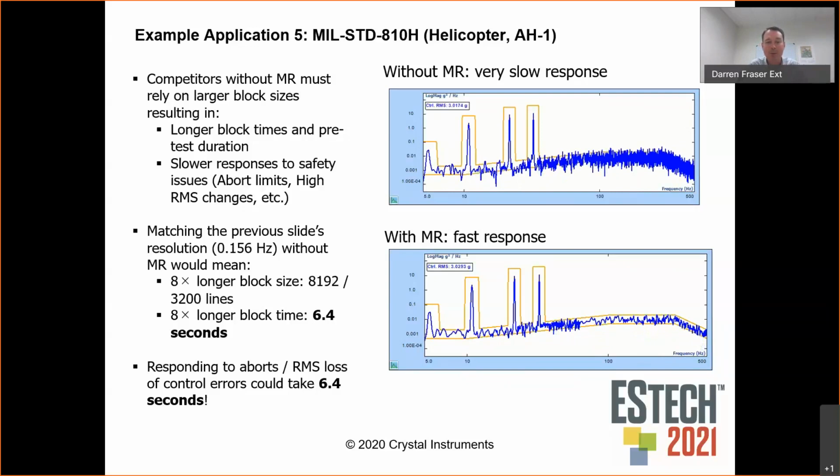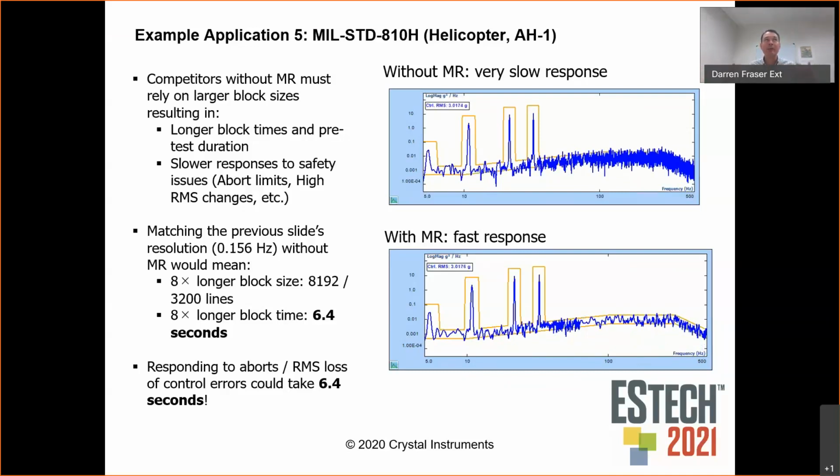If you're using multi-resolution, we cut that down significantly. I don't have the time here, but we're at about 1/8 of that 6.4 second. In the next slide here, I've calculated a couple of the times and I put them into columns. So that's huge.